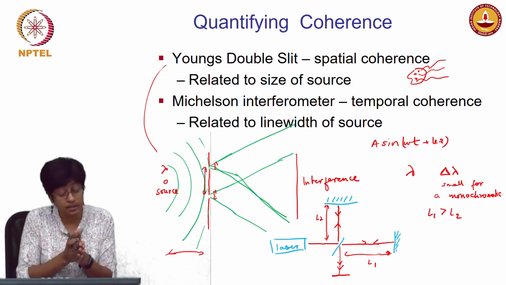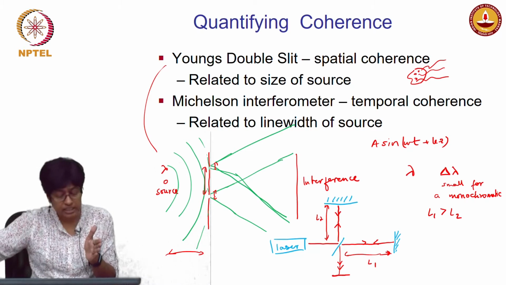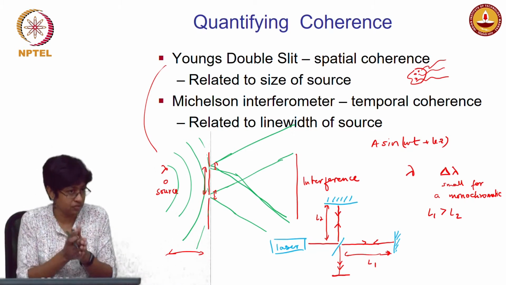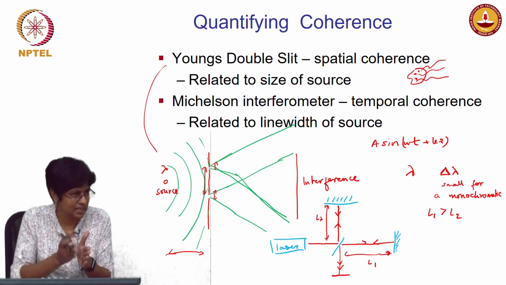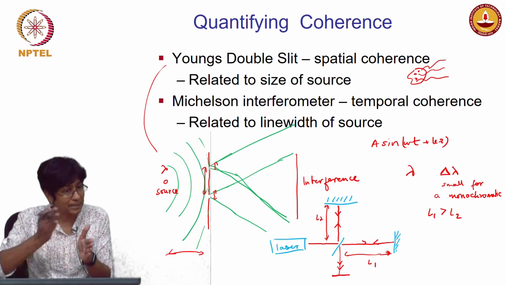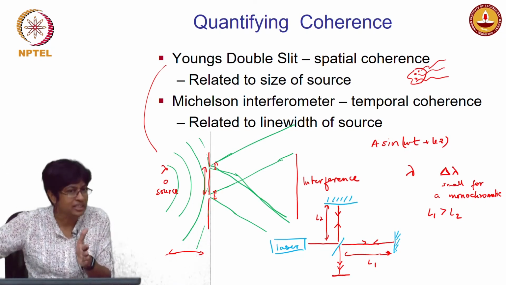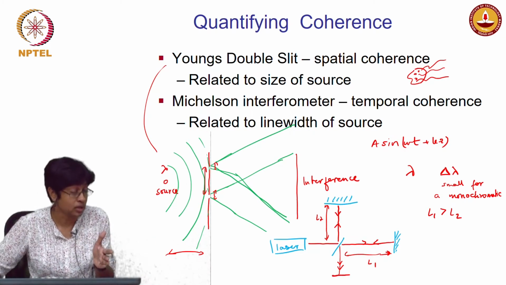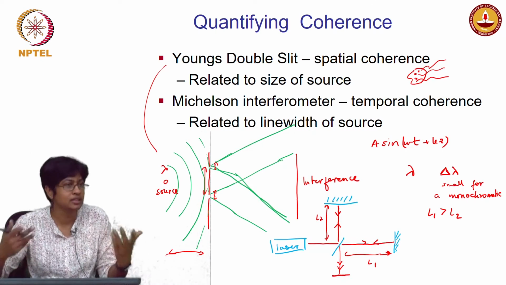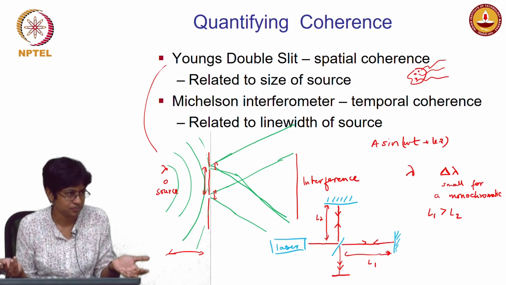So, I could consider changing the length L1, and maybe initially L1 is equal to L2 and I have a very good interference pattern, then I slightly increase L1 and I still have a good interference pattern. But as I go on increasing L1, I can see the quality of that interference pattern goes on decreasing. And at some point I may not see interference anymore if I go beyond the temporal coherence of that source. Okay?